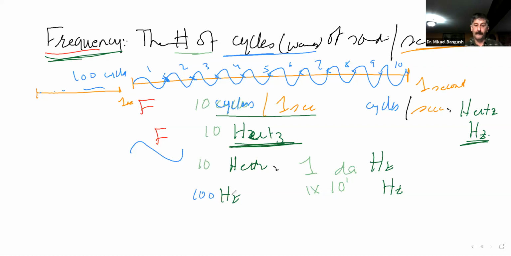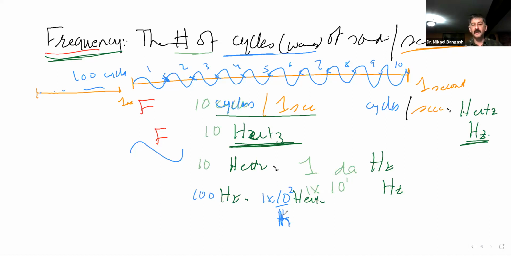Clear? Okay. And this 100 hertz could also be written as 1 multiplied by 10 raised to the power 2 hertz. Or if you don't want to raise to the power 2, well, it's a hectohertz.